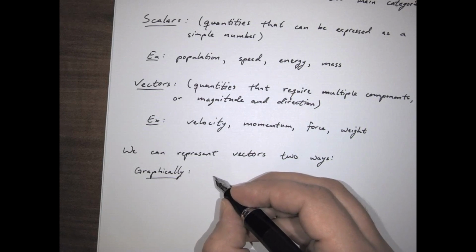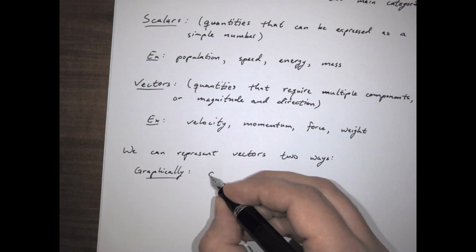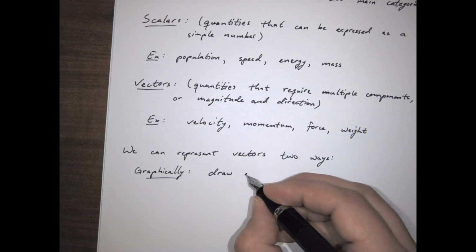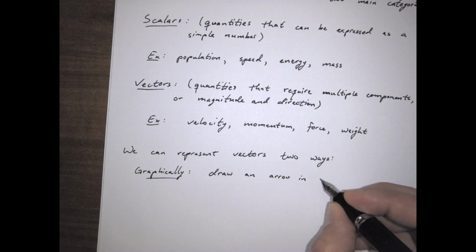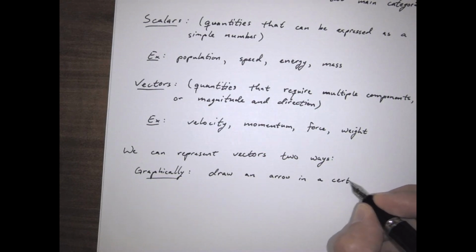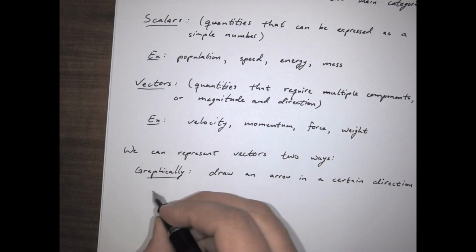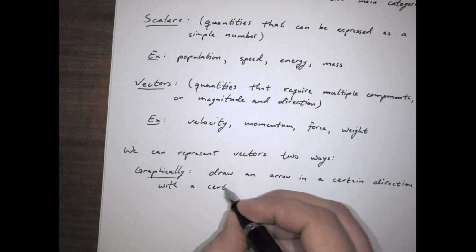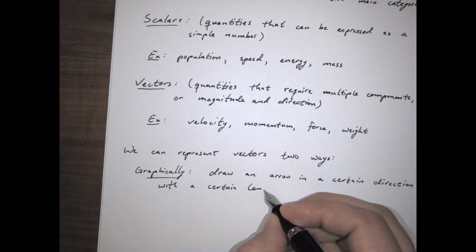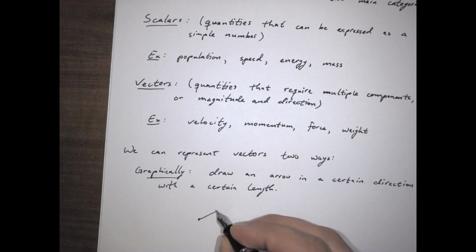So typically a vector is represented by an arrow. So graphically, just draw an arrow in a certain direction with a certain length. So it just looks like this.